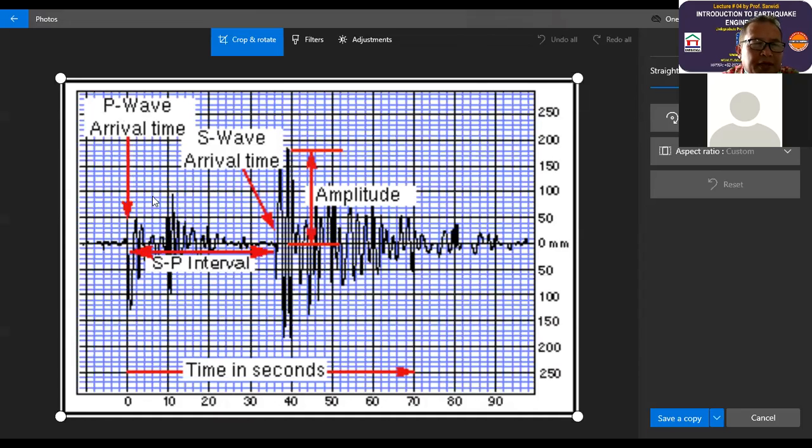There is an interval time, called S minus P, the secondary wave time minus the P time. There is also amplitude, the biggest swaying or biggest vibration of the earth. We usually use seconds. This is 1 minute and 60 seconds here, so the earthquake in this place was recorded for about 1 minute and a half.